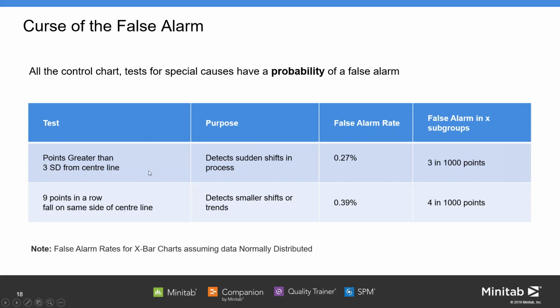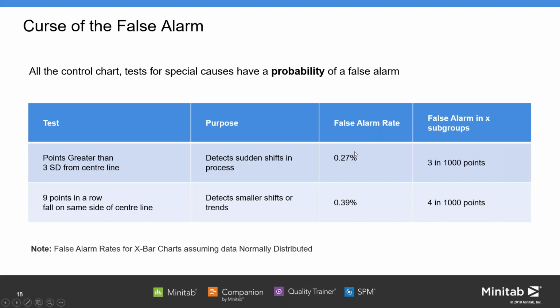However, with this rule, there is a probability, a chance of a false alarm, and the chance of a false alarm is 0.27%. This equates to 3 in 1,000 points. The other rule I've applied is I have looked for smaller shifts or trends by picking up 9 points in a row that fall on the same side of the center line.